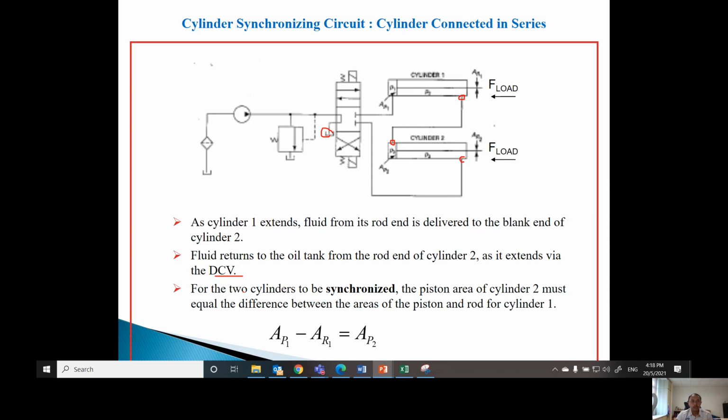In order to have two cylinders move in synchronous for series connection, the piston area of cylinder 2 must be equal. This is very important. I repeat, maybe I said it wrongly just now.